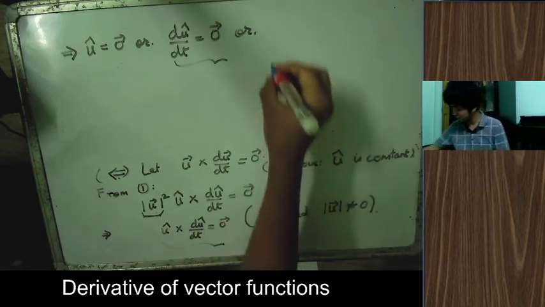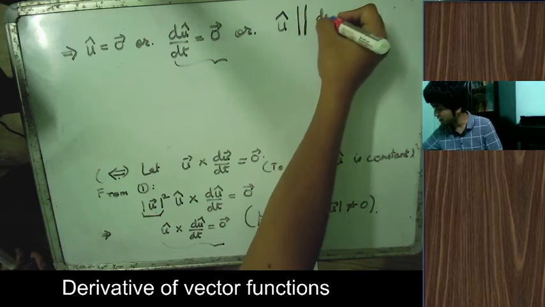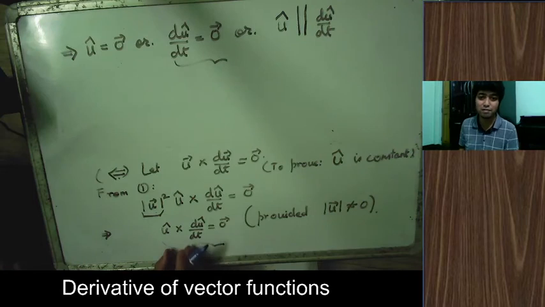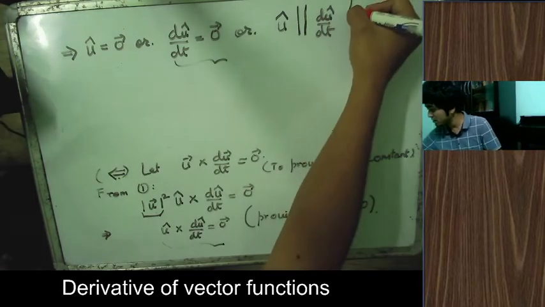What I can write is, u bar parallel to du dt. If they are parallel, the angle will be 0, so the cross product will still be a 0 vector.